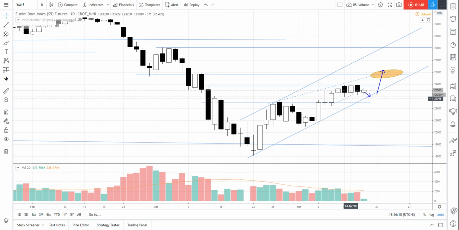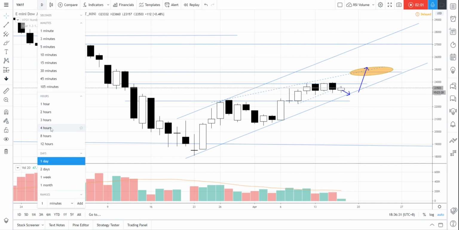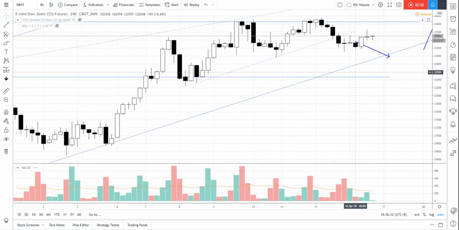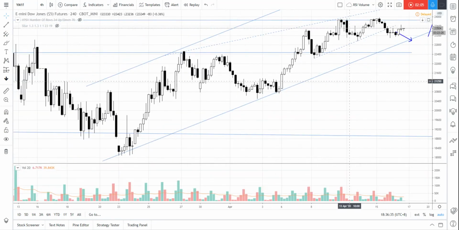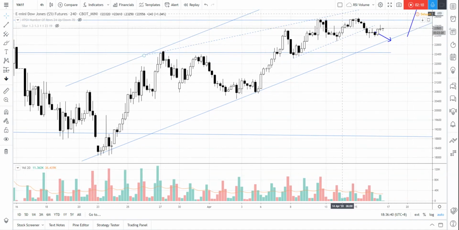As you can see on the dotted line here on the daily chart, it's a small bearish rising wedge as well. If we go into the 4-hour time frame, it's clearer here. Although the rising wedge is not as perfect as the S&P 500, it's still a rising wedge.